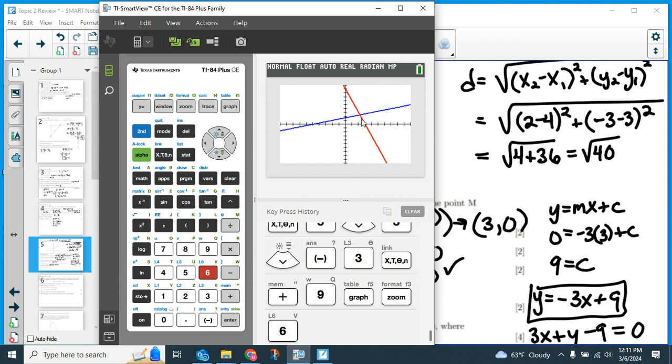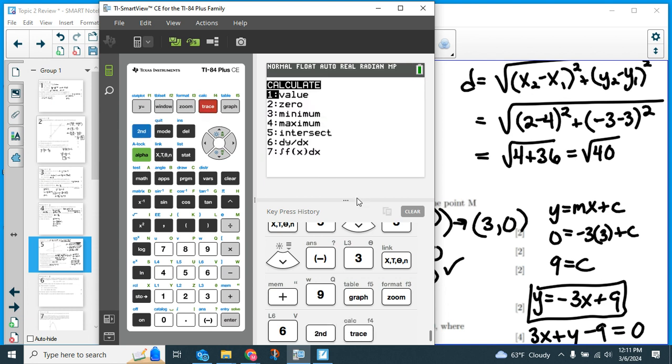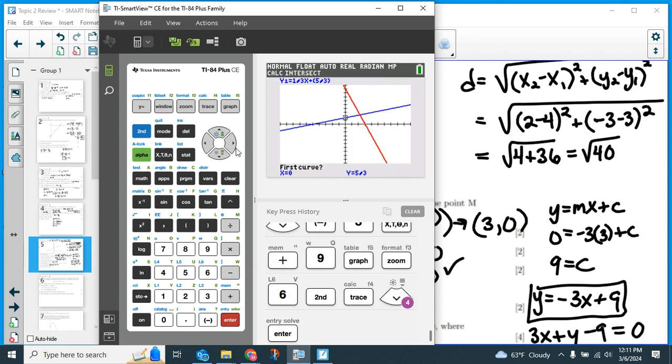So I see that I have a nice intersection here. If we hit second trace, that takes us to our calculate menu. We can come down here to intersect. It says first curve, so I just go to where that looks like. I hit enter again, I hit enter again, and we get 2.2, comma 2.4.